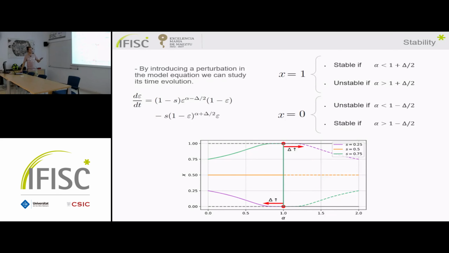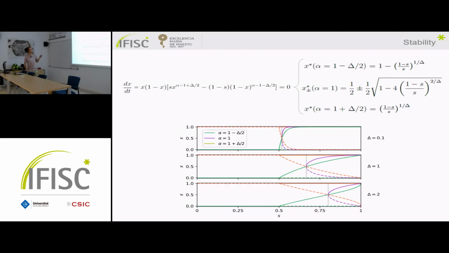But since we cannot solve this analytically, what we can do is focus on the points where some exponent in the transcendental equation cancels. So we can solve it analytically. And we find that these points are alpha equals 1 plus delta over 2 and 1 minus delta over 2, which are coincidentally the changes in stability of the trivial solutions, where we find only one solution in each.